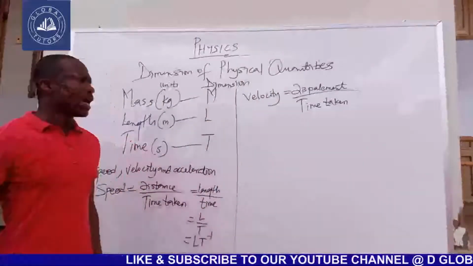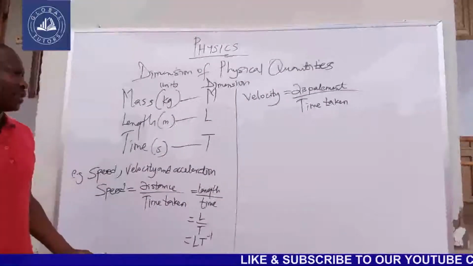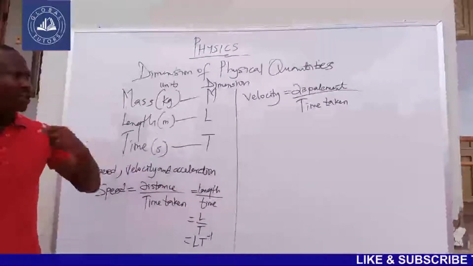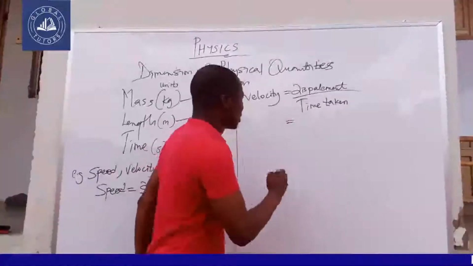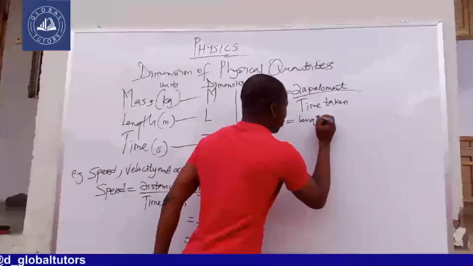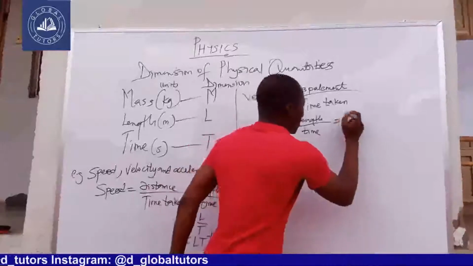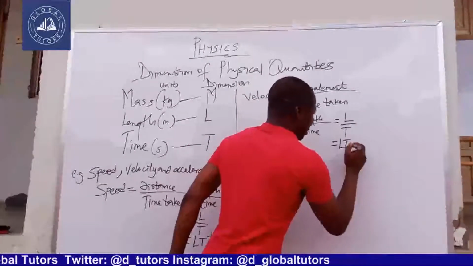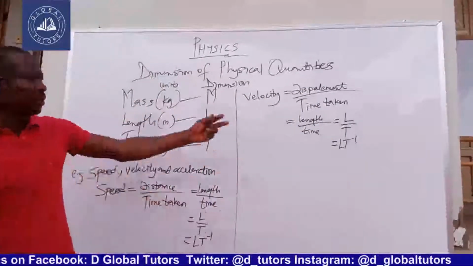And don't forget that our displacement is measured in length, because displacement is like distance covered in a specific direction. So our velocity is length over time, which is L over T, and we write it using one of the laws of indices as LT minus 1.